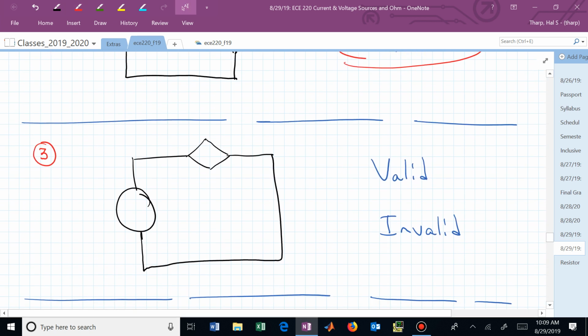What if we now had V sub x is 3V, and I'll label the polarity, and let's say this is now plus minus V sub x. Valid or invalid?